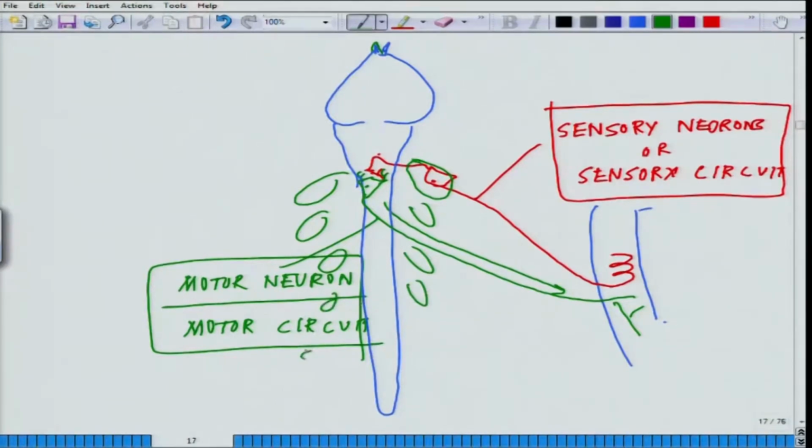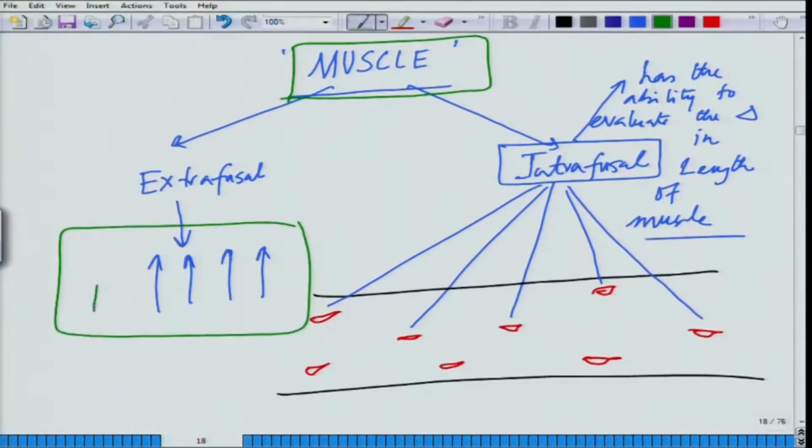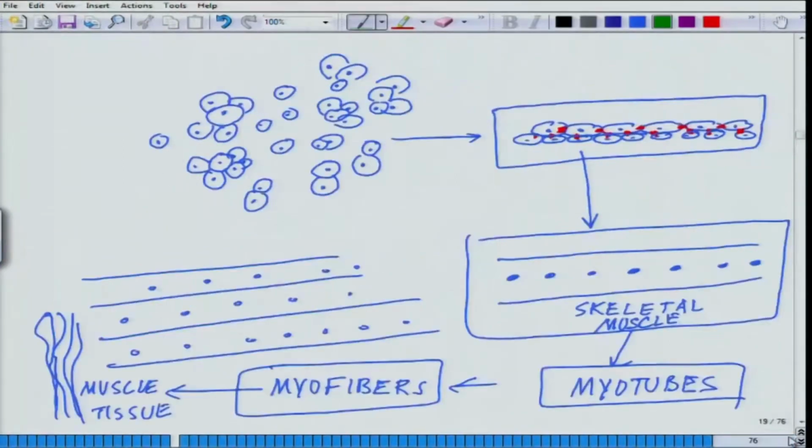And then we moved on to talk about the muscle development, where I said the muscle could be broadly divided into two groups: extrafusal, which is the highest in number, a huge number, and intrafusal, which are very few. And intrafusal fibers have the ability to evaluate the change in length of the muscle. How are these intrafusal fibers formed? So, we talked about the development of the muscle.